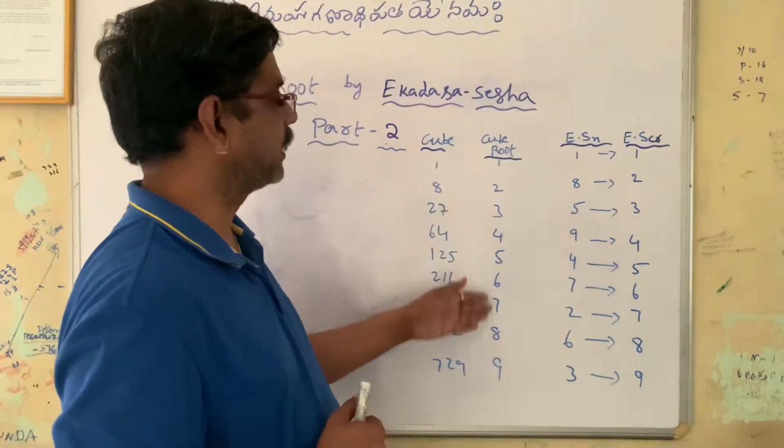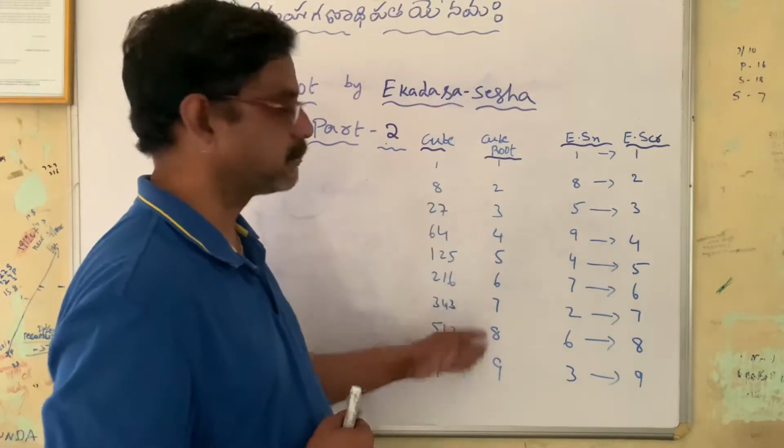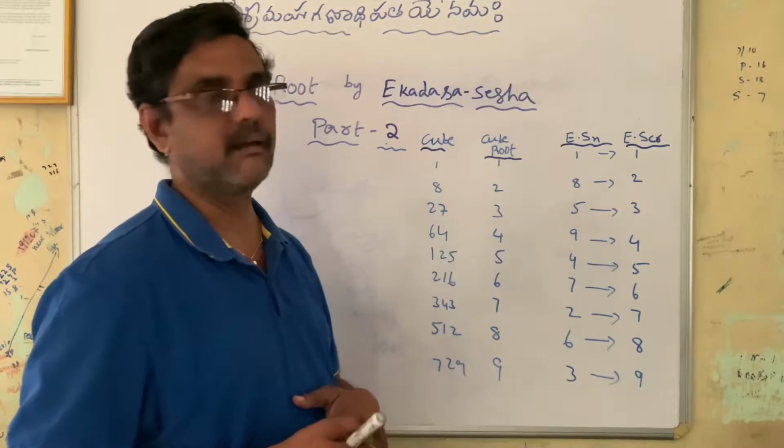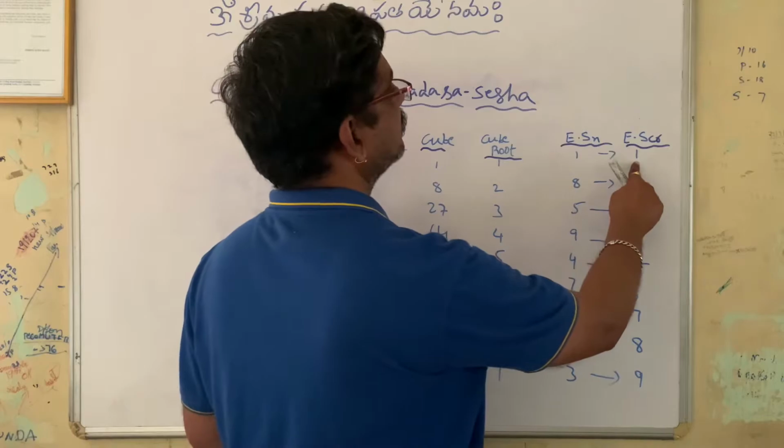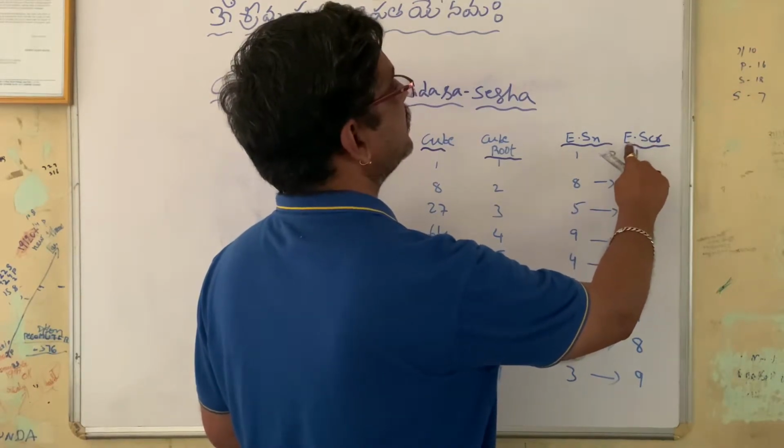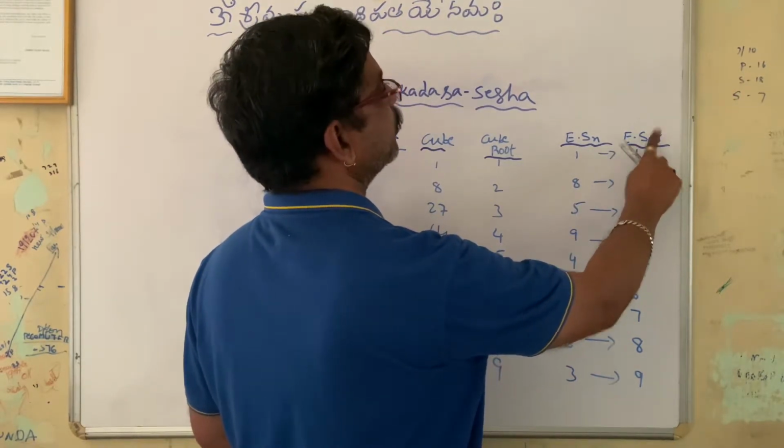Now, these are the cube roots of these perfect cubes. I am going to find the remainders of these numbers when we divide them by 11. When we divide 1 by 11, the remainder is 1. ESCR means Ekadasha Sesha of the cube root.